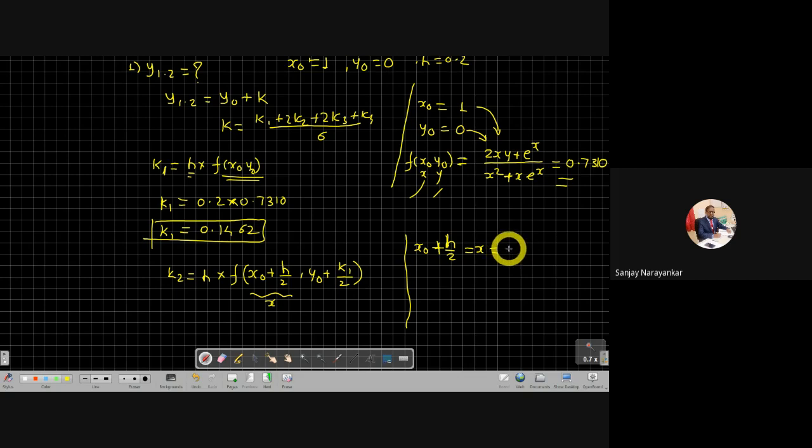So x0 is 1 plus h by 2, 0.2 by 2, it's 1.1. This is the x value.